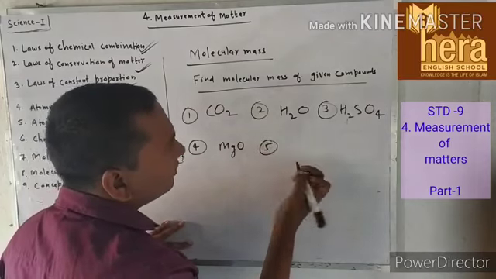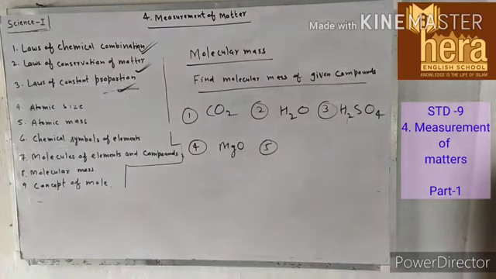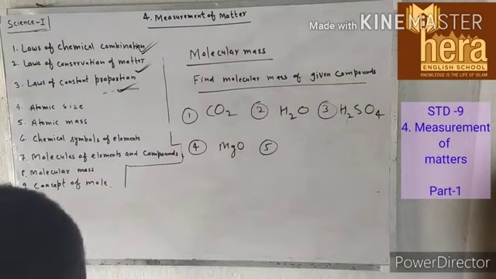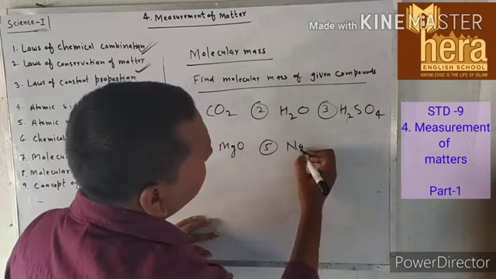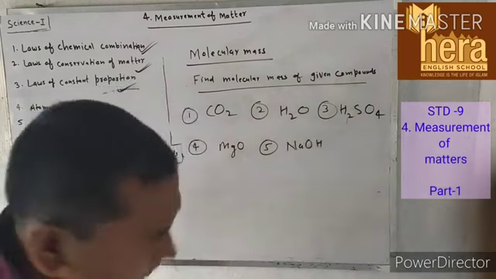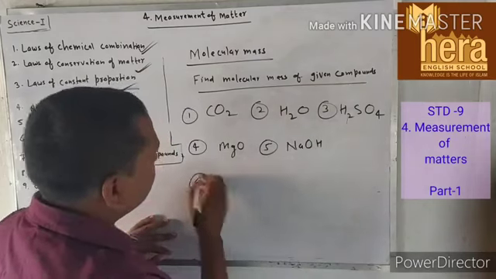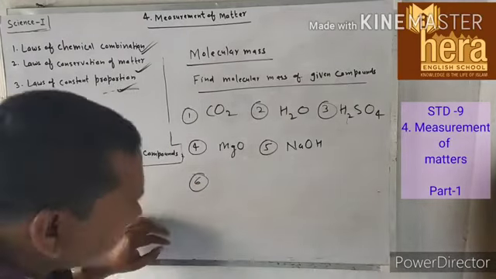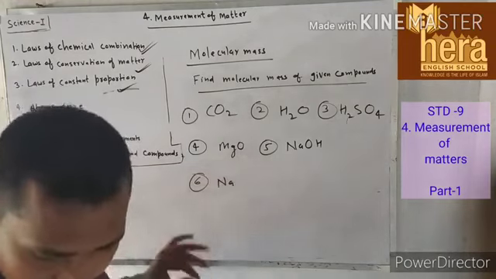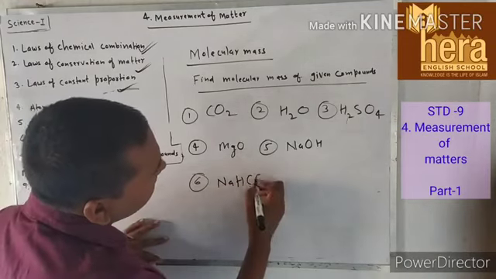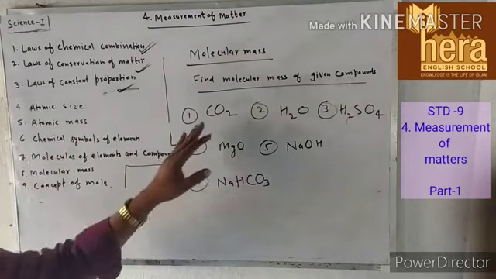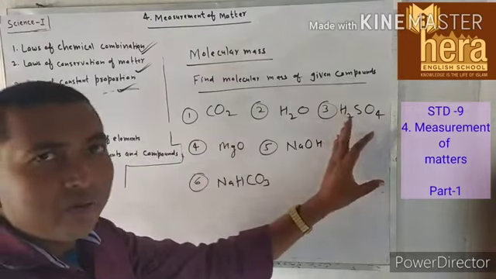Fifth one is NaOH, sodium hydroxide. Sixth one is sodium bicarbonate, NaHCO3. I will explain only one; the rest will be homework for you.